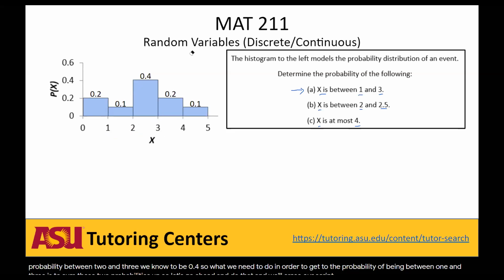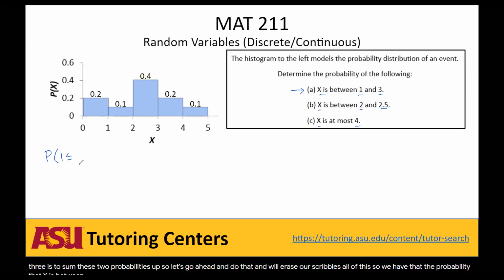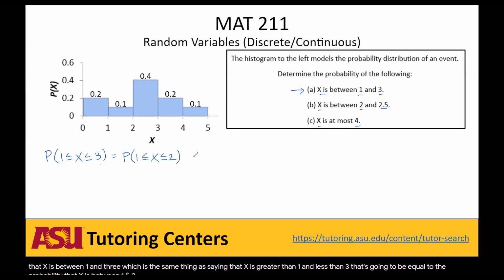We'll erase all of this. So we have that the probability that x is between 1 and 3, which is the same thing as saying that x is greater than 1 and less than 3, is equal to the probability that x is between 1 and 2 plus the probability that x is between 2 and 3, which is equal to 0.1, as we said, plus 0.4, and that equals 0.5.